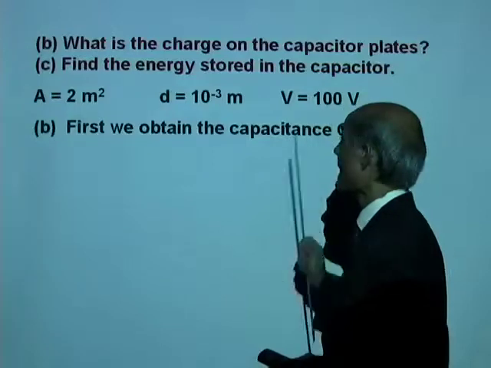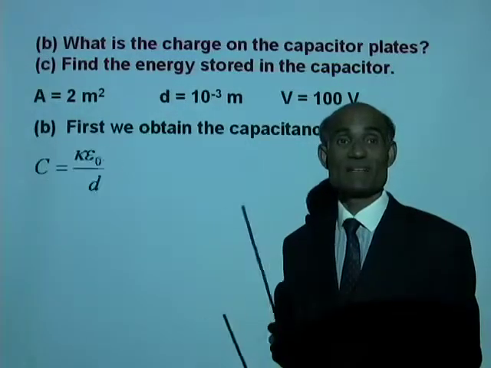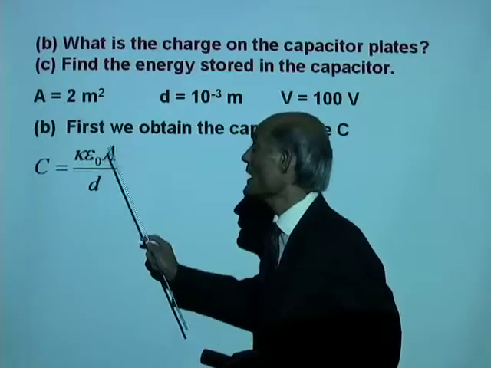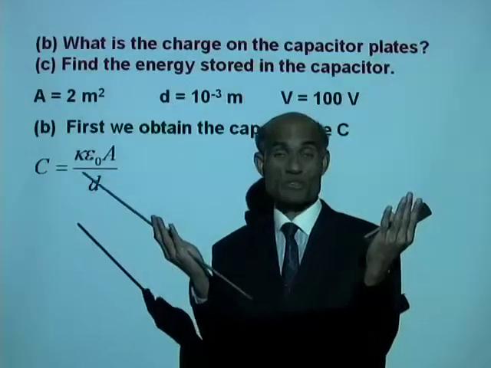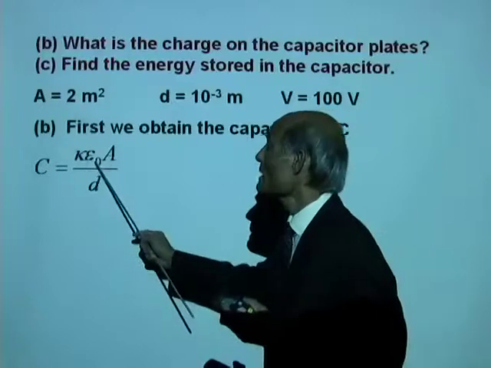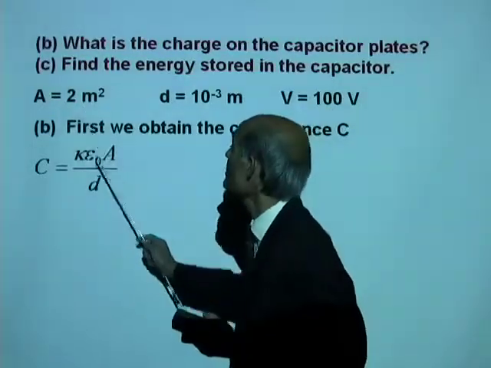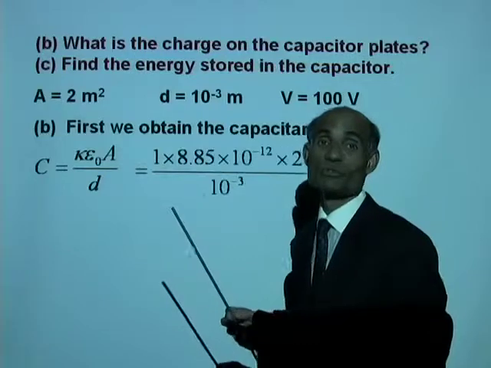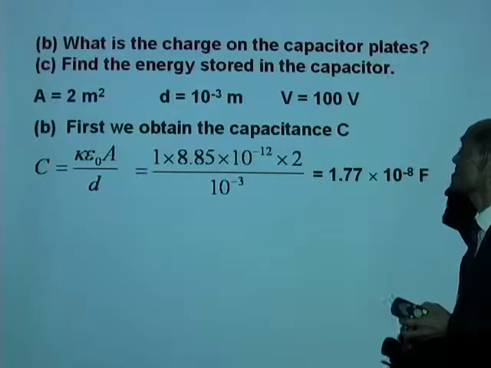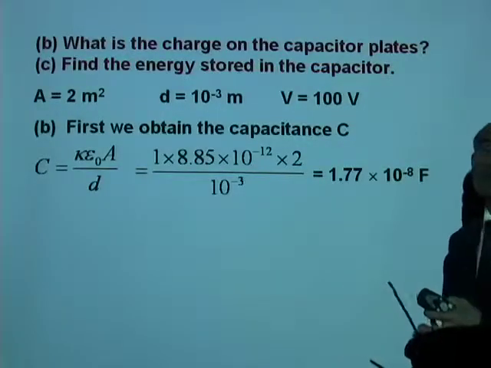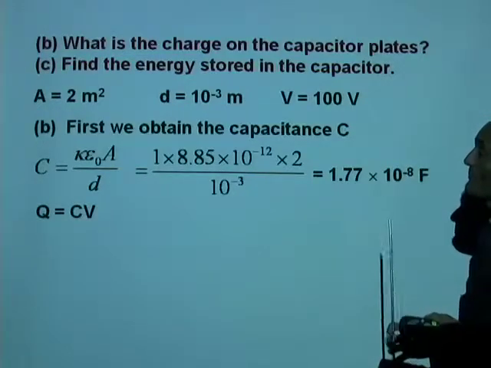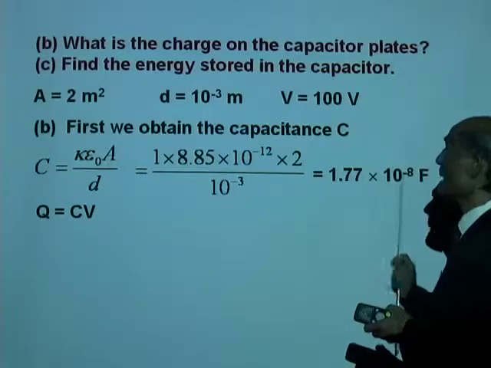First, we obtain the capacitance C, equal to kappa epsilon naught A over D. Kappa is 1 because if the dielectric is not mentioned, we will assume that it is air. Epsilon naught we know, A is given, D is given. Use all those values. We get C equal to 1.77 times 10 to the negative 8 farad, which is 17.7 nanofarad.